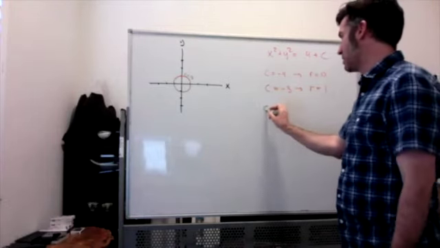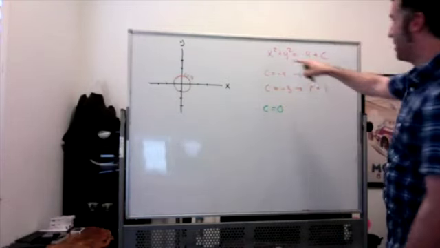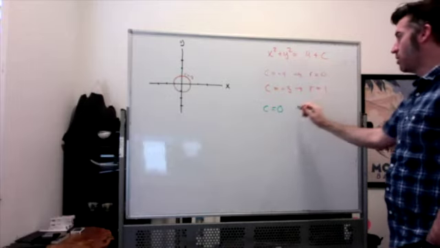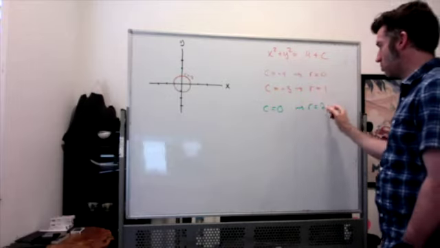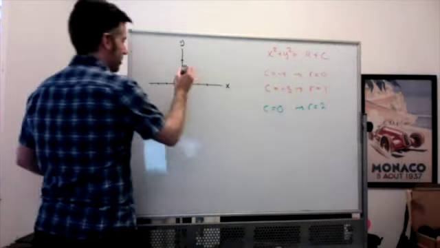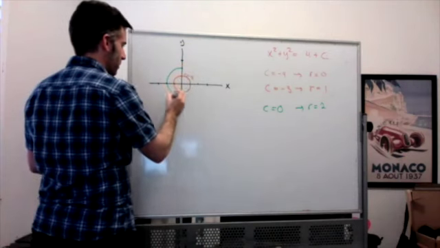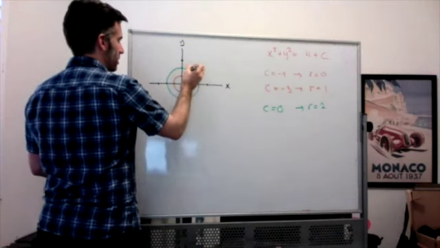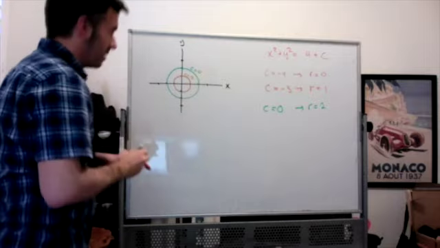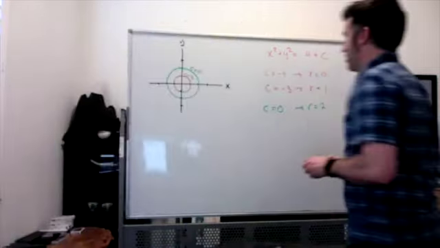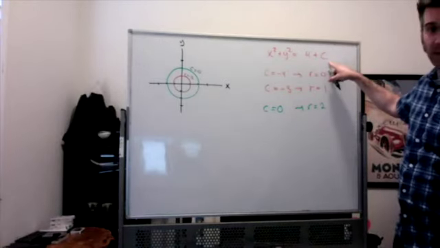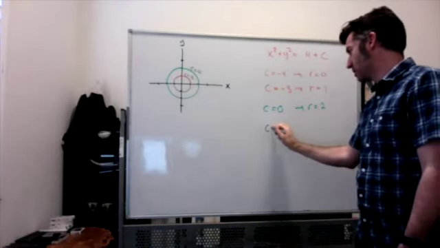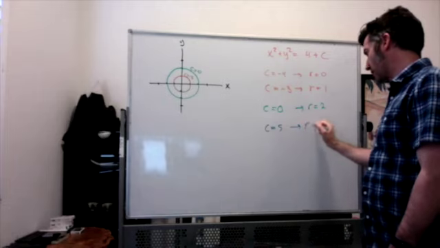If I pick c equal to 0, I get x squared plus y squared equal to 4, so my radius is going to be 2. Let's do one more: c equal to 5 gives me a radius of 3.